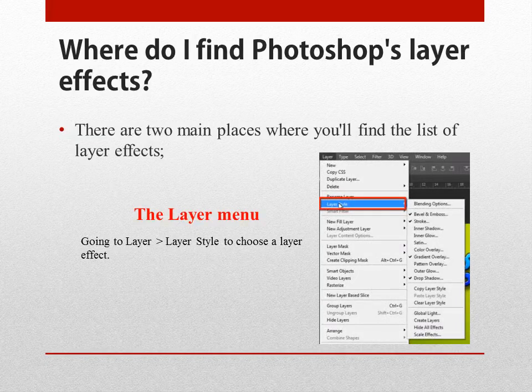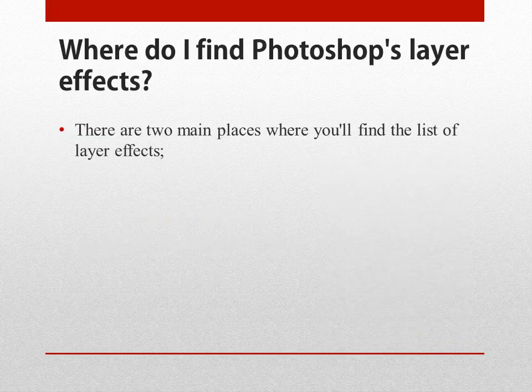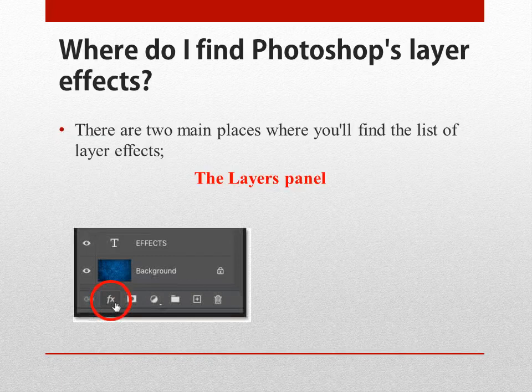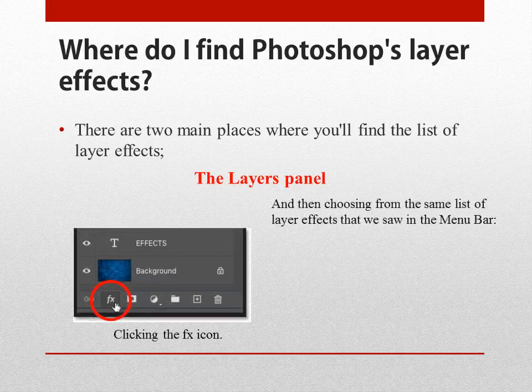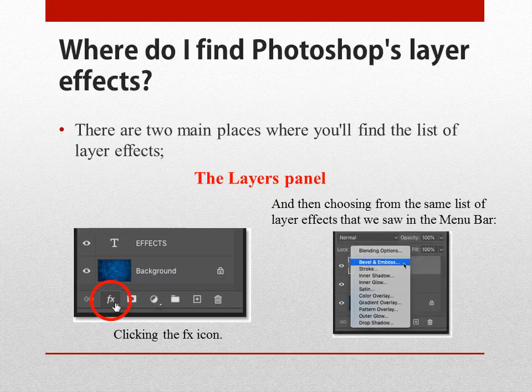The second one is the Layers panel. All we need to do is click the FX icon and then choose from the same list of layer effects that we saw in the menu bar. So here are the lists.